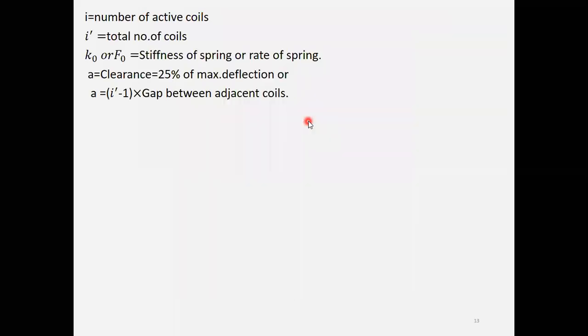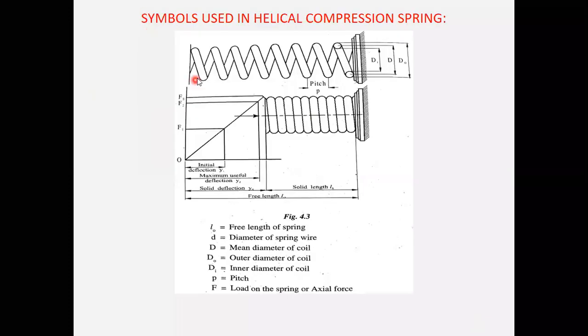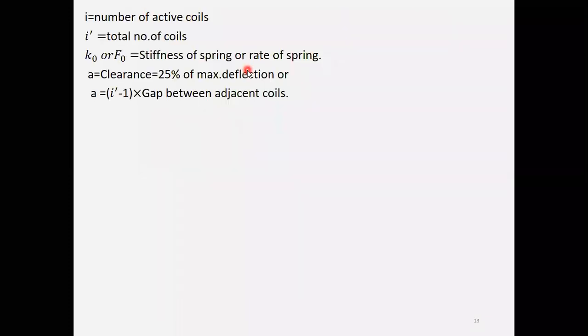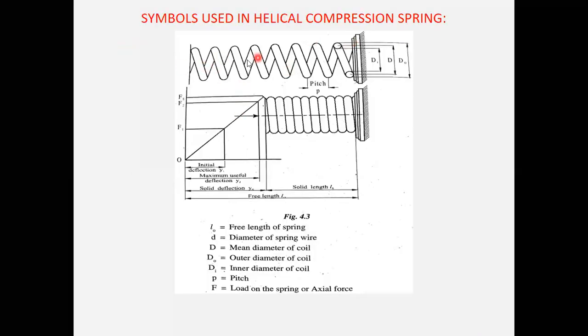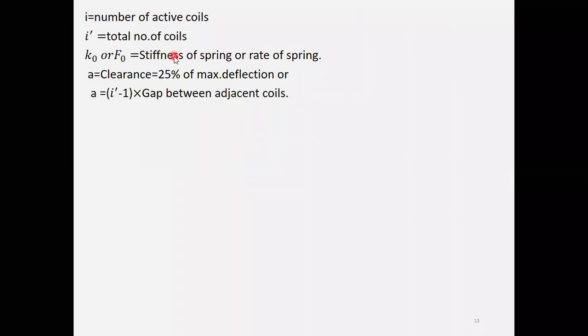Except these, some other terms are there. I is nothing but the number of active coils. How many active coils are there? I dash is nothing but the total number of coils. How many total coils are there in the spring? That will be given. In some data books they have mentioned it as K0, and in some textbooks or data books they have mentioned it as F0.